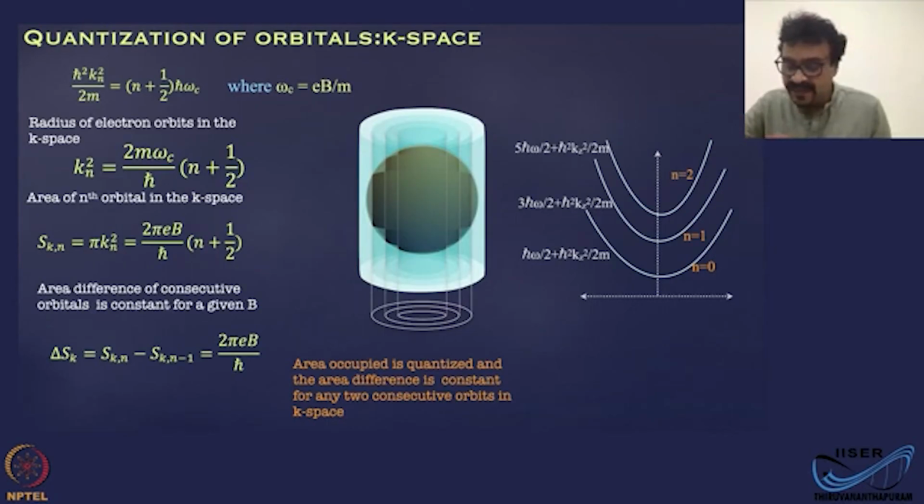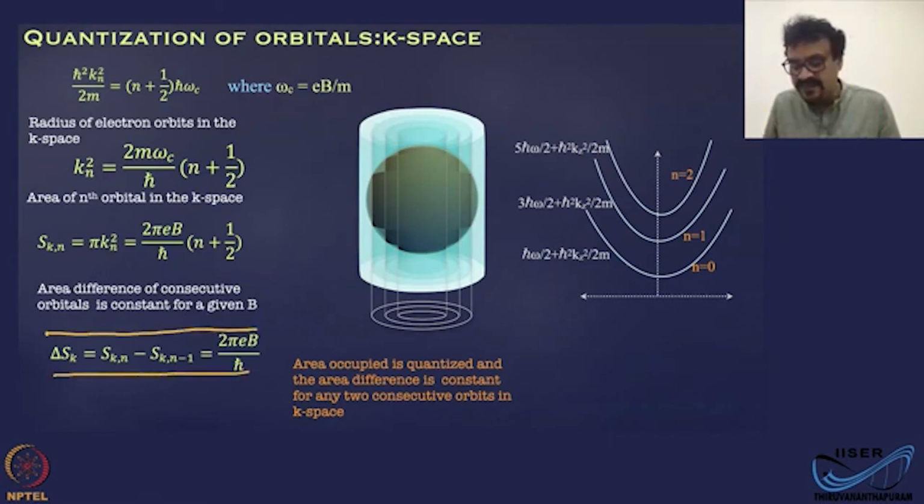And the area difference between two successive Landau levels in the K space is 2 pi e B by h bar.